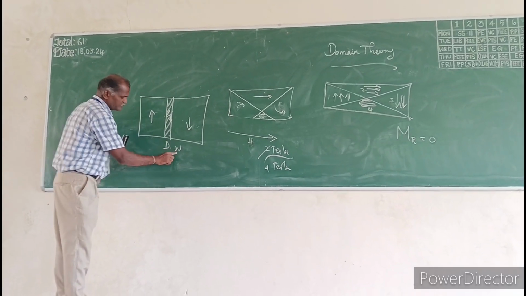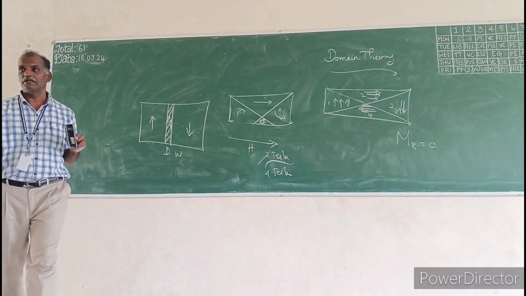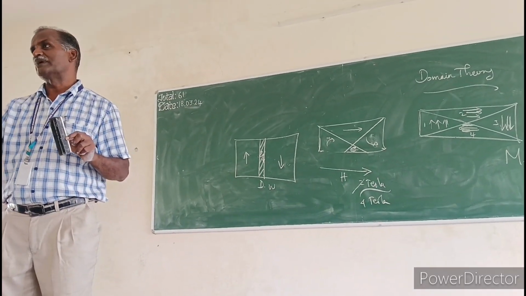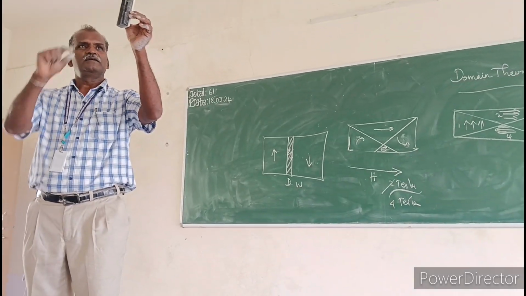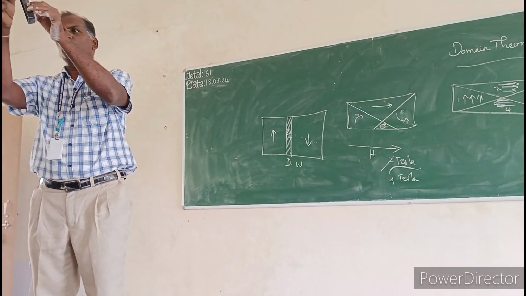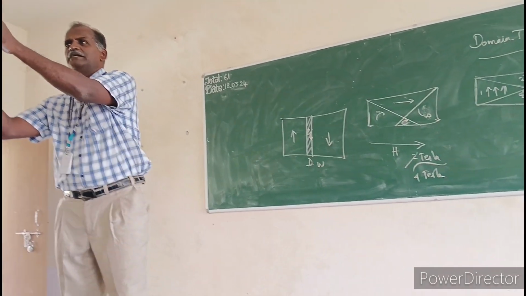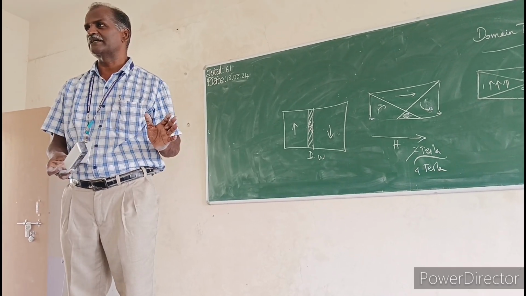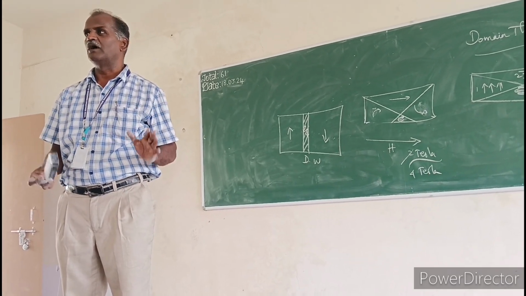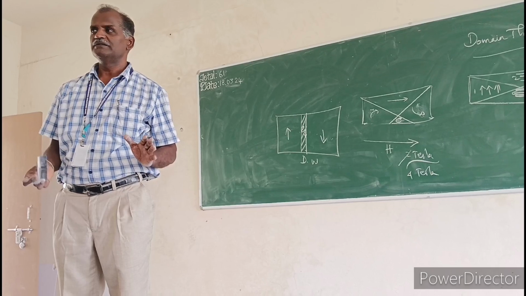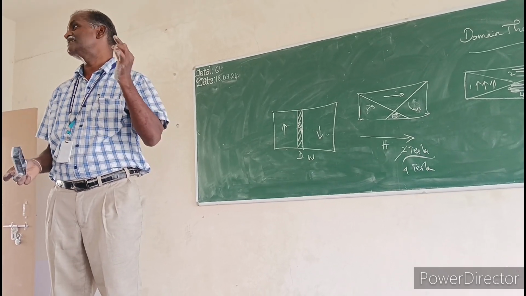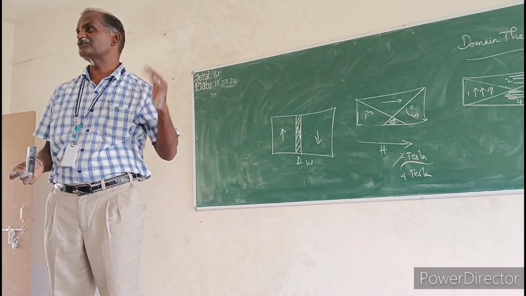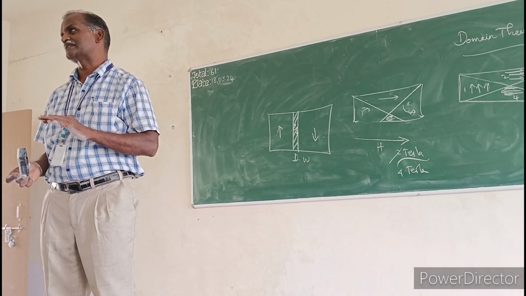So the domain wall is used for transition of magnetic moments. In the boundary, they slowly transfer and change. That is why it is a transition layer, domain wall or Bloch wall. In this wall alone, the transition takes place. Transition means the directions of magnetic moments change.